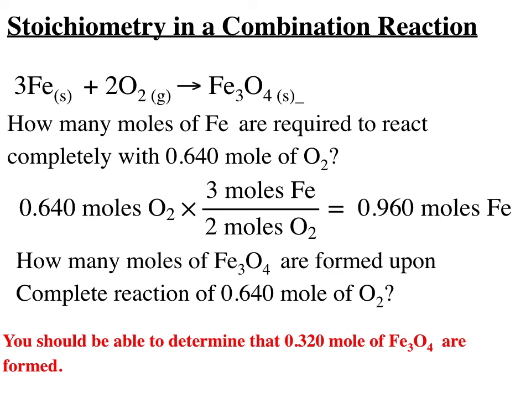As a matter of fact, if I use the 0.960 moles of Fe and use the stoichiometry between the Fe and the Fe3O4, I would also find that 0.320 moles of Fe3O4 are formed. It all has to hang together because these are the ratio and proportion of all species.